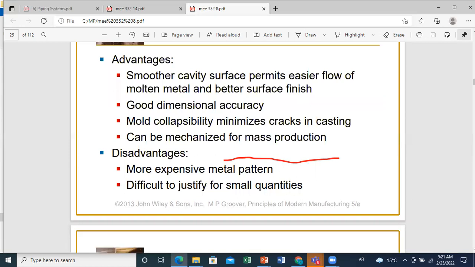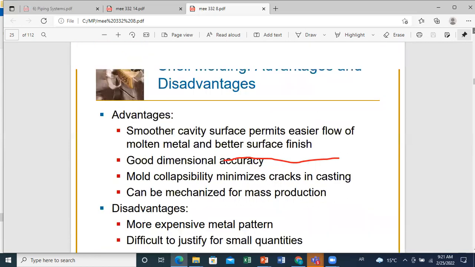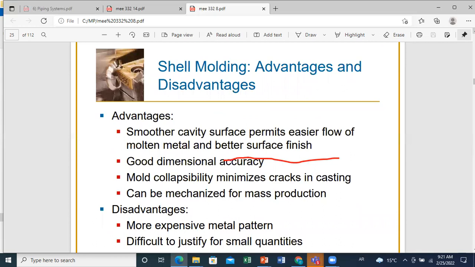Now, what are the advantages of this technique? First, you can control better the smoothness of your surface. So a smoother cavity surface permits easier flow of molten metal and better surface finish. So compared to sand casting, it will produce good dimensional accuracy, and the mold collapsibility will minimize cracks in casting.